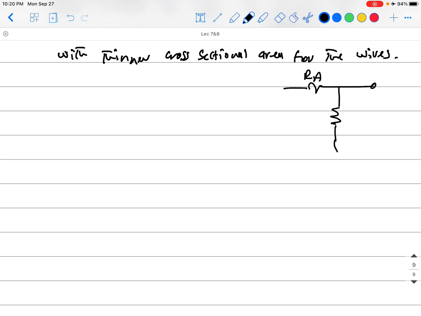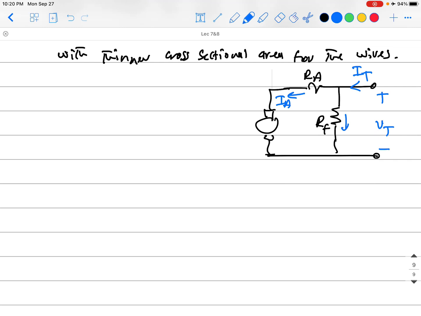So you have here our field, and here is the terminal voltage. If I am talking about a motor, for example, that is the terminal current, that is the armature current, and that is the field current. Okay, guys? So that is the total current coming from the supply going into the machine if it is a motor. It's the same principle actually with the generator, but it's just an example here.